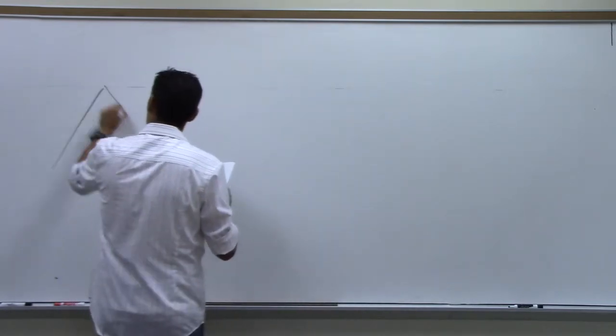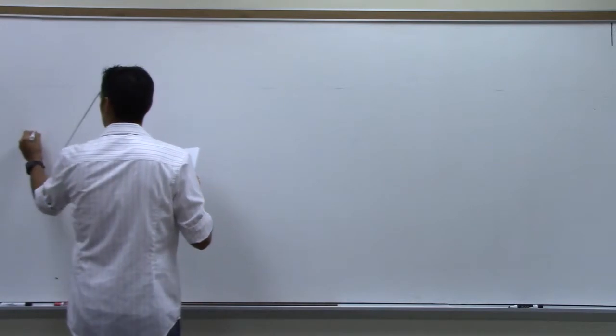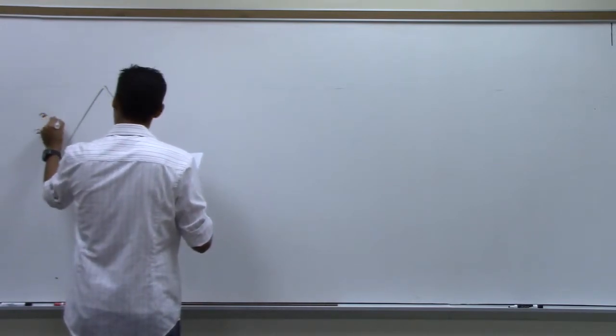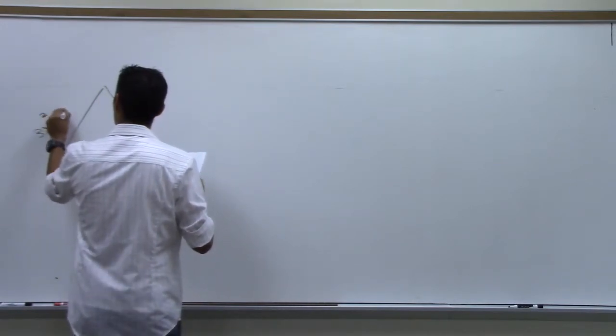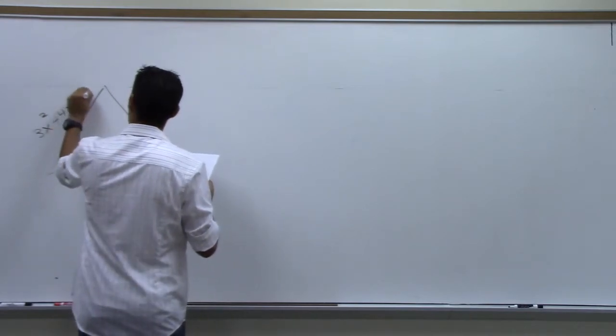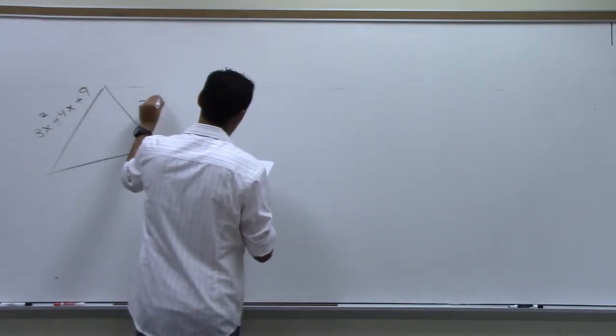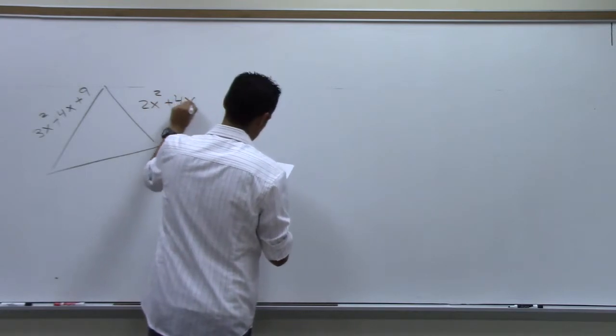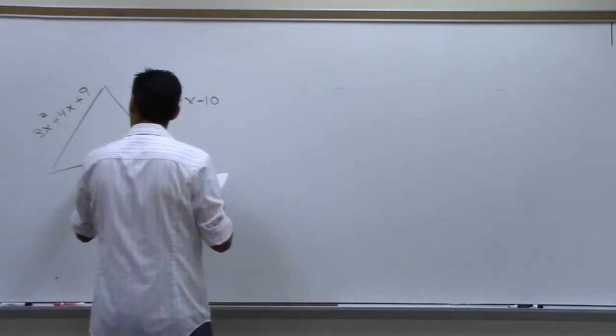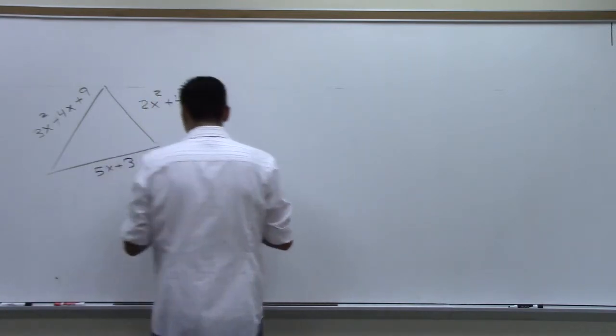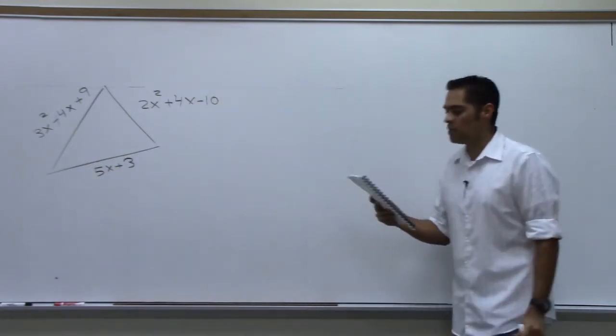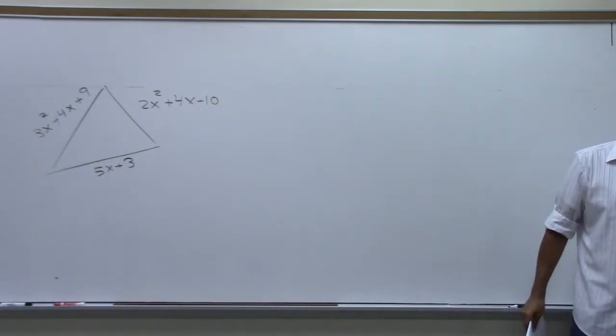Okay, they give me some triangle. They tell me that this side is 3x squared minus 4x plus 9. They tell me that this side is 2x squared plus 4x minus 10. They tell me this side is 5x plus 3. And they say, write a polynomial that represents the perimeter of this figure.